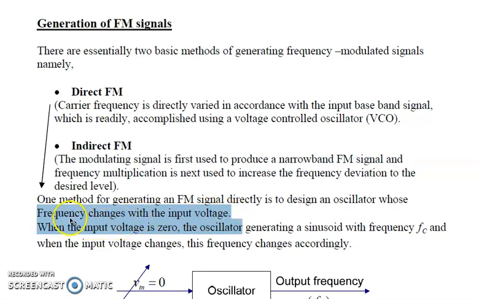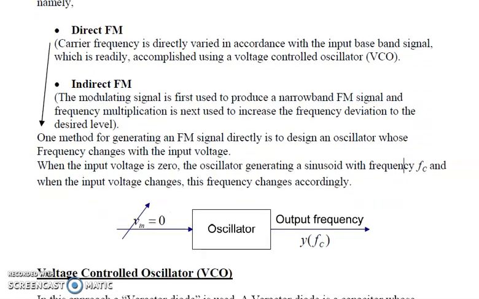In a voltage controlled oscillator, the output frequency changes with the input voltage. When the input voltage is 0, the oscillator generates a sinusoid with frequency fc. Let us take it in detail.